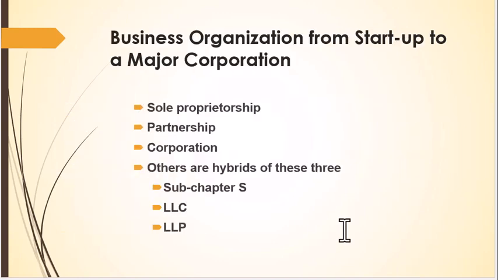So how do we start up a company? Well, there are 3 basic types of corporations: sole proprietorships, partnerships, and corporations. And there are a variety of hybrids: subchapter S, LLCs, LLPs, and there is a boatload of other alphabet soup types of acronyms to discuss different types of organizations.